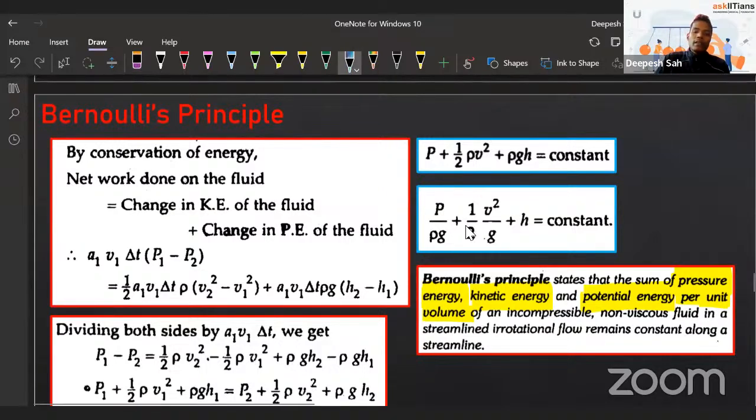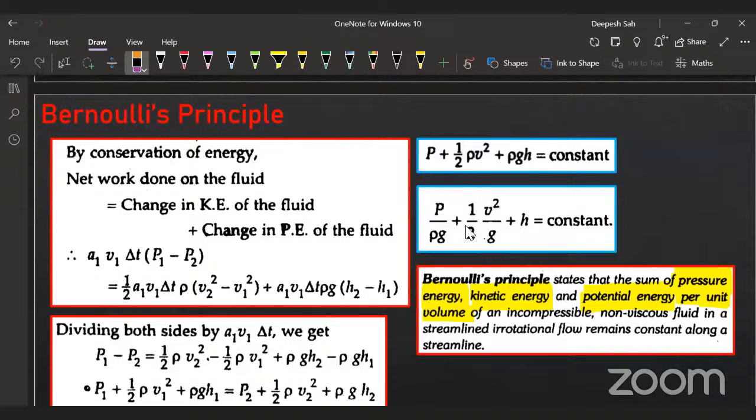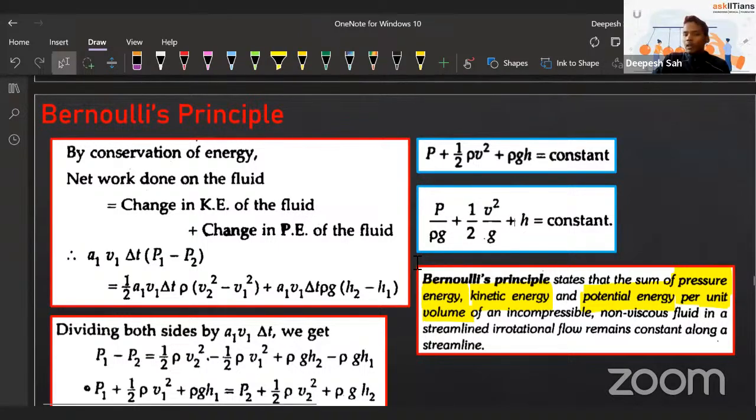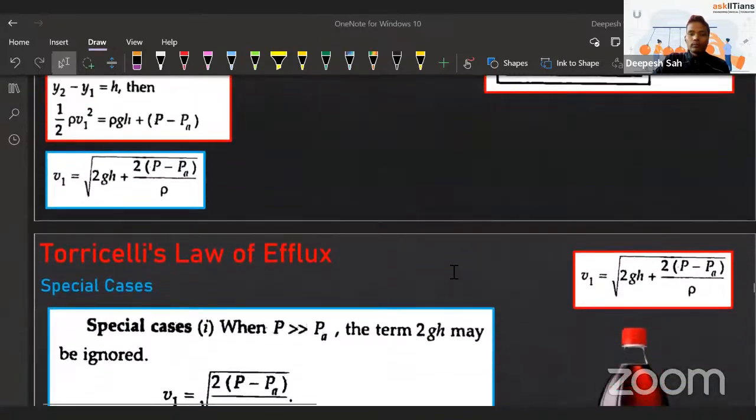Or we can say the sum of pressure head, kinetic head, and potential head is also constant. This is also Bernoulli's principle. Is that fine to you? Yes, sir. So this is Bernoulli's principle, very useful. It will be used in a lot of different areas. I will show you how.